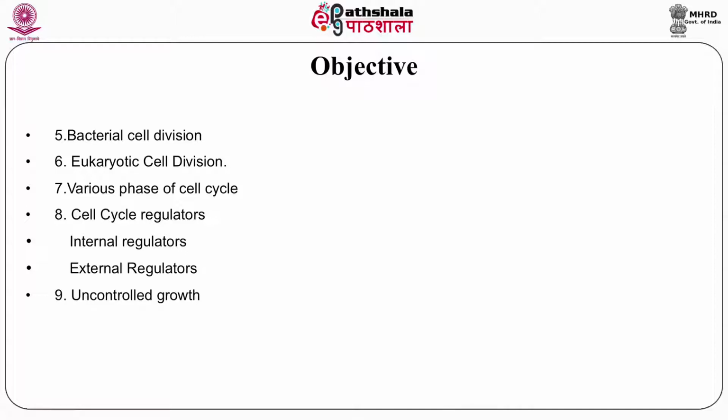Number 6, eukaryotic cell division. Number 7, about various phases of the cell cycle. And number 8 will be talking about the various regulators of the cell cycle. At the end, we'll talk about what happens if there is uncontrolled cell division.